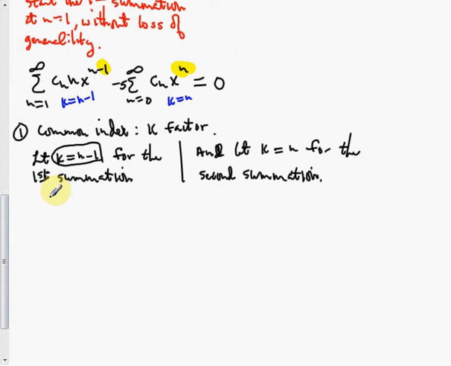So that being the case for the first summation, I have k plus 1 represents n. Obviously, nothing happens over there.